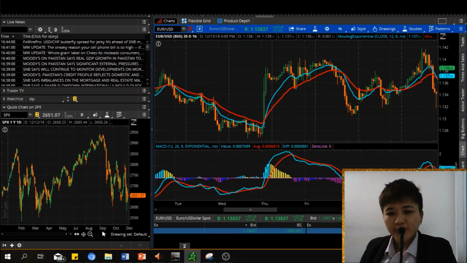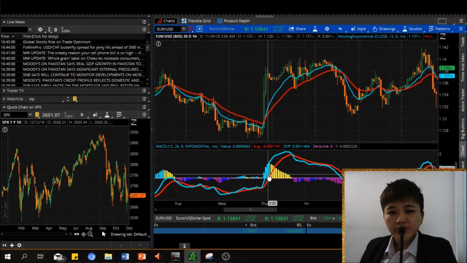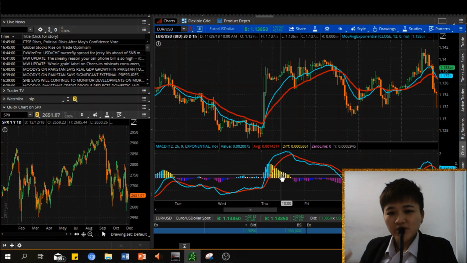So when the bars turn from light blue to yellow, this is a bearish signal. And when the bars turn from purple to blue color, this is a bullish signal. But of course, you cannot just rely on this to enter and exit, because here's the thing, the MACD indicator is just a confirmation indicator, meaning that you need to use it alongside other indicators.